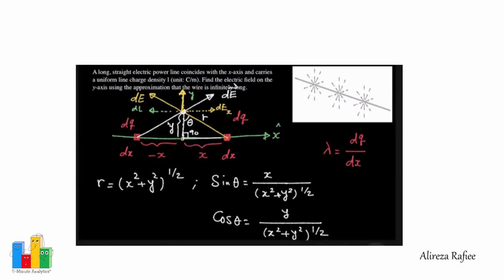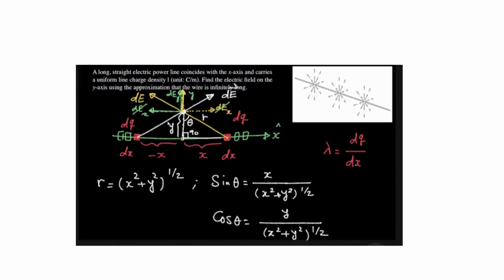There will be dEx, but in the negative direction, and then a second component, dEy, which is upward. Now, as you can see, if I add another dq on the right side, there will also be similar dq's on the left side. So the x components always cancel each other. This electric field and this electric field will always cancel out. And the only thing that remains is the y component of this electric field, which adds together.